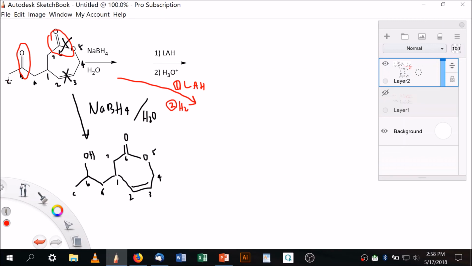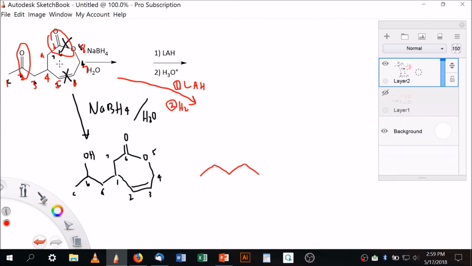Can you just see past the black? I don't want to erase all that. Okay, watch this. 1, 2, 3, 4, 5, 6, 7, 8. And off the 4 comes an A and a B. So watch this. 1, 2, 3, 4, 5. And it looks like there's a cis bond here, right?